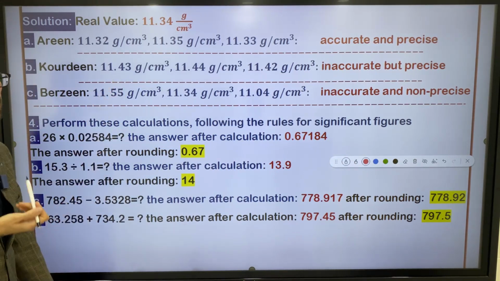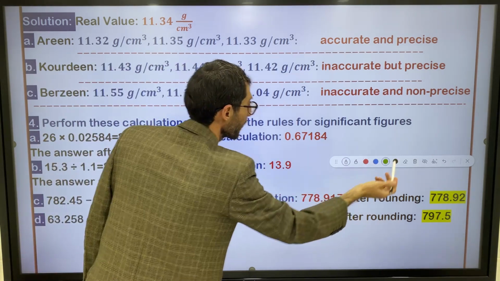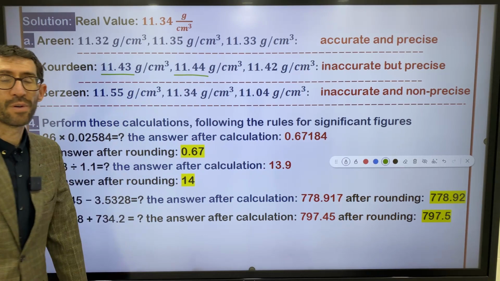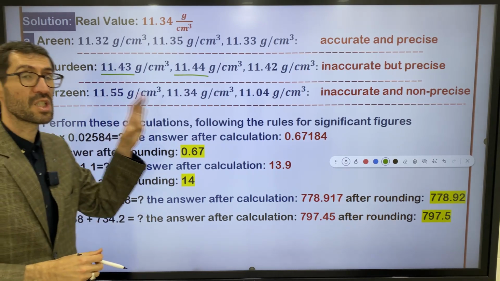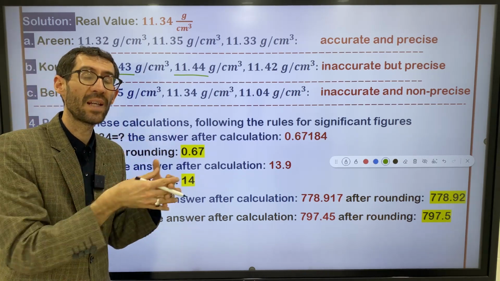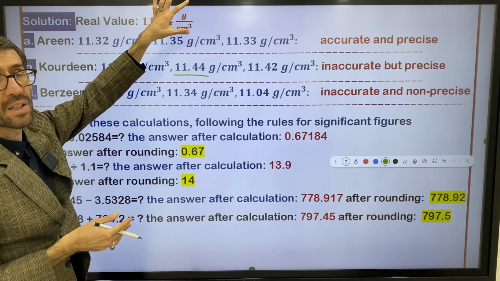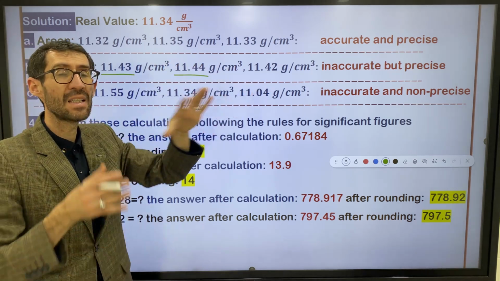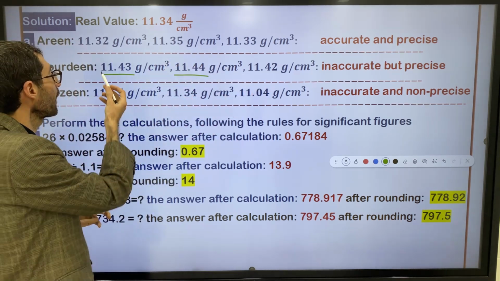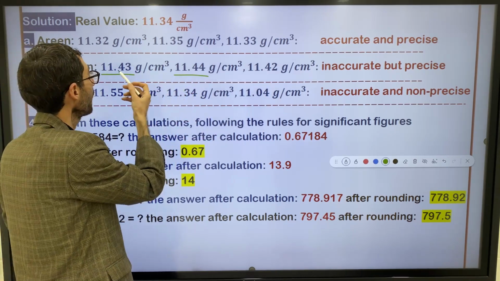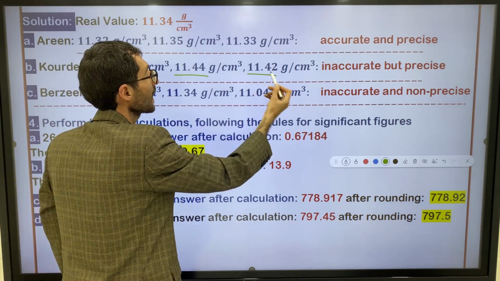Let's move on to the precision. I want you to determine the precision here. 11.43, 11.44. I'm talking about the precision. That's why I compared the measurements with one another, not with the true value. Ignore the true value in precision. Focus on the measurements only. 11.43, 11.44. They are very close to one another. 11.43 versus 11.42.